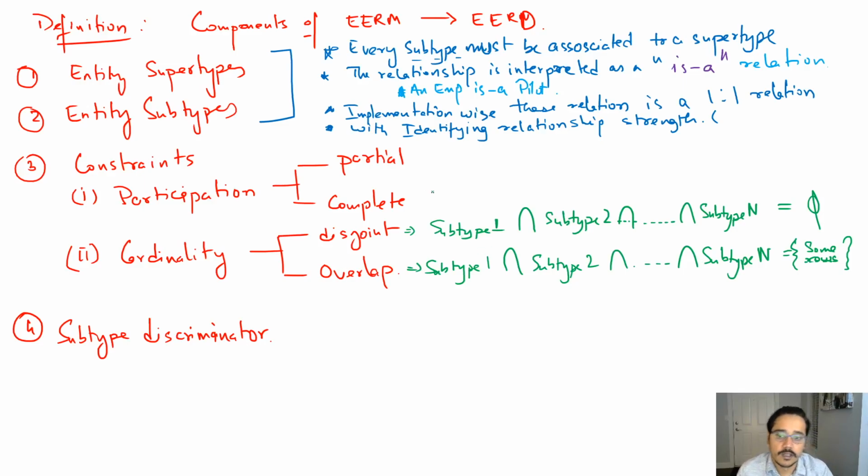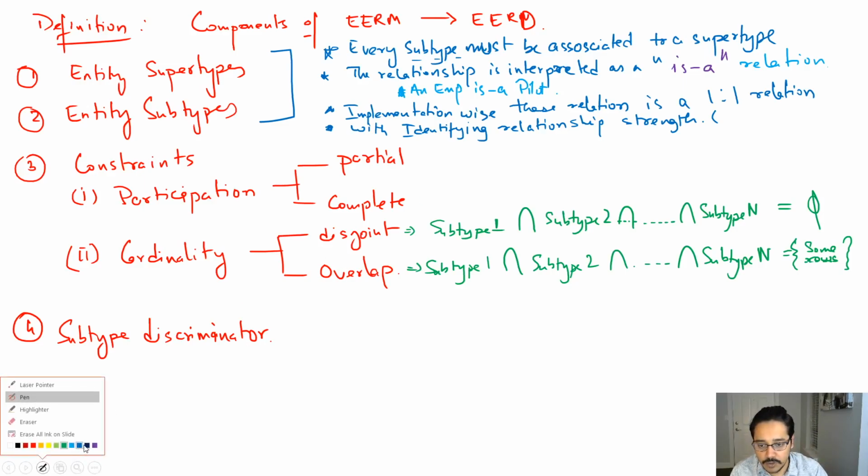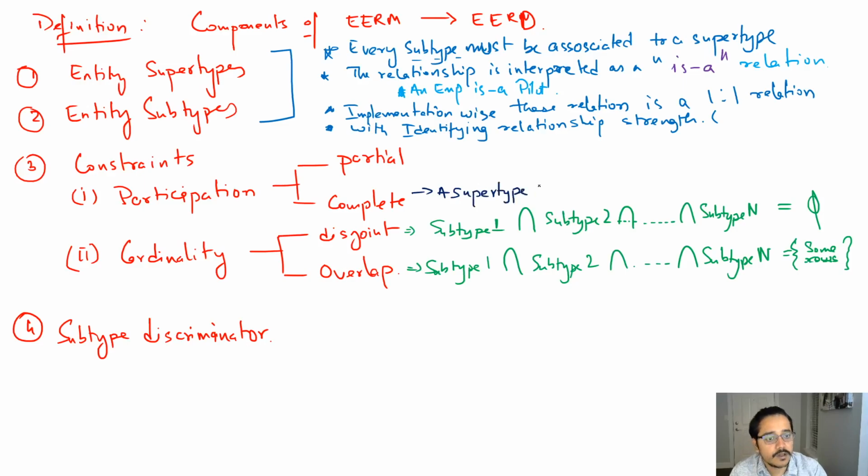Complete participation means, so let's choose, what is this? Dark blue. Complete participation means a subtype or a supertype must be one of the given subtypes.